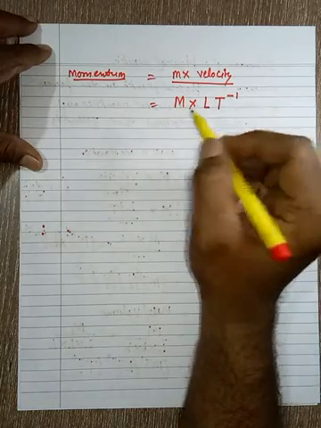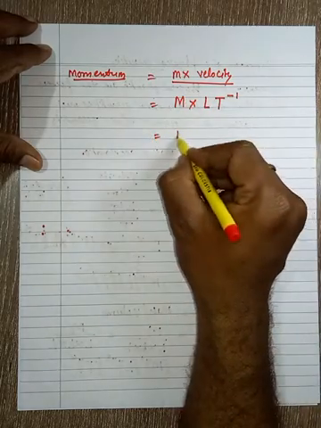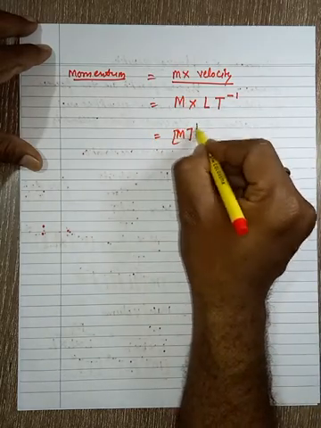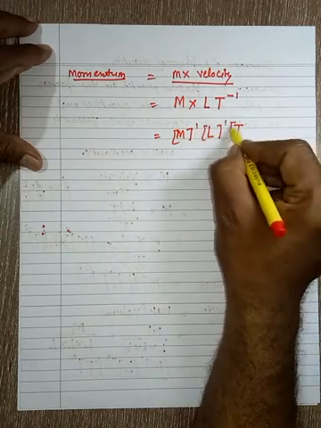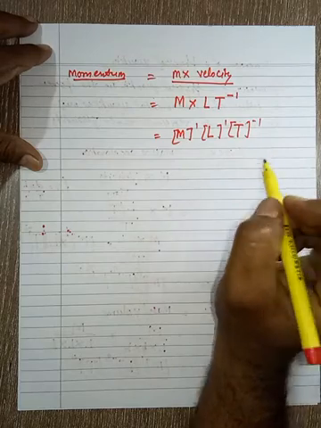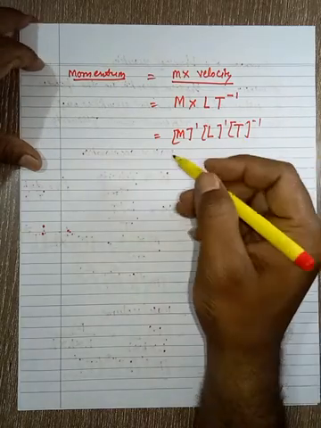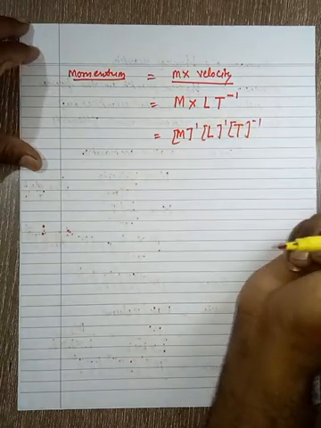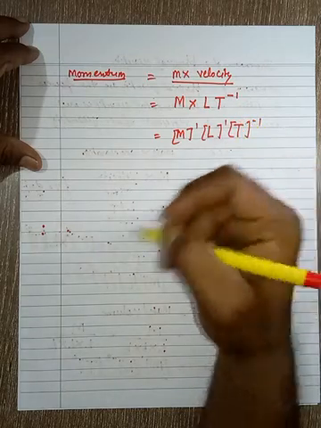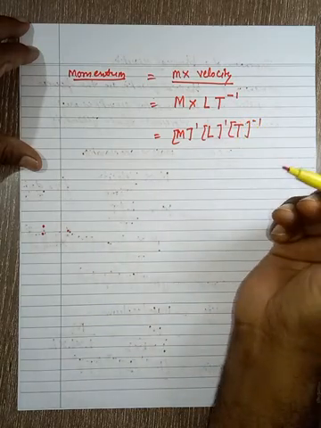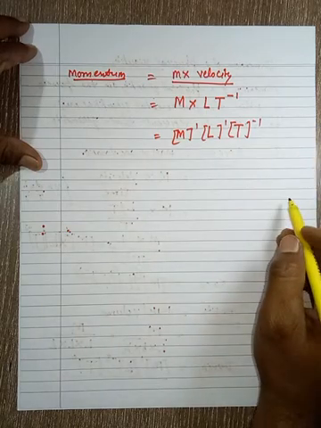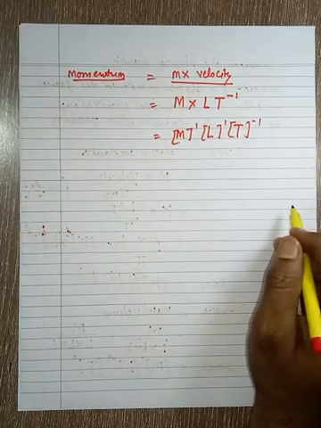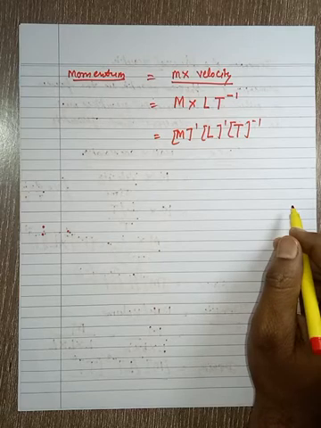So ultimately it will be expressed as M to the power 1, L to the power 1, and T to the power minus 1. So from these 3 examples, you might have come to know how we should use dimensions to represent any physical quantity, right?